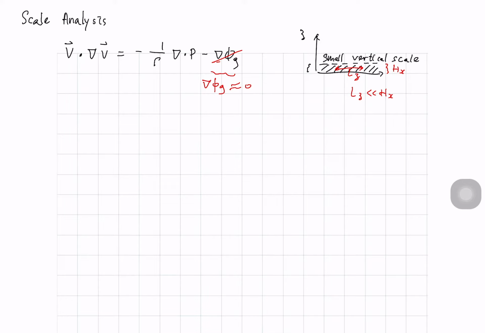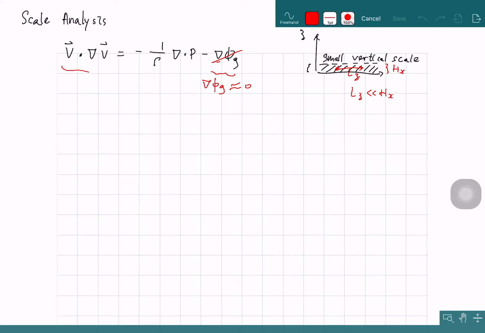Okay, so what about the first and the second? We know that the scale of the first term, the term on the left, is V squared. And then the second part is 1 over rho, where rho is the density.